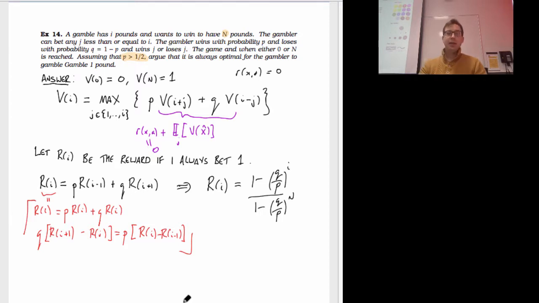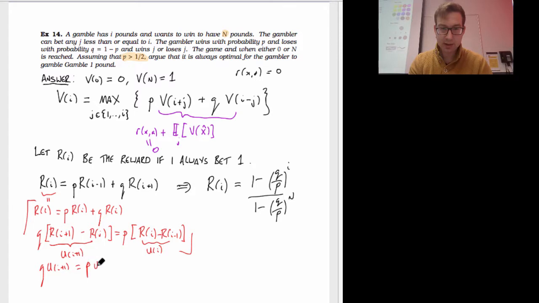Now I've got something that's not too bad. It looks a bit messy, but if I called R of I plus 1 minus R of I U of I plus 1, and R of I minus R of I minus 1 U of I, I've got Q U of I plus 1 equals P U of I. And now I can solve for U really easily.